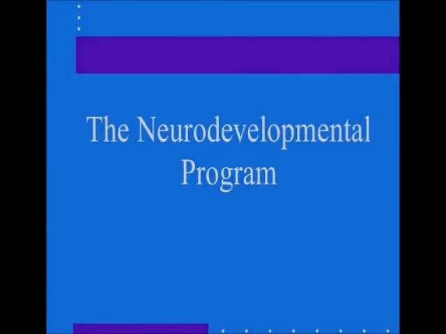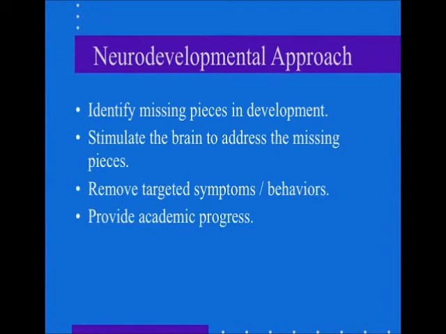Then, if you've asked any of these questions, you need to look into the neurodevelopmental program. Because what we do is identify missing pieces in development, stimulate the brain to address the missing pieces, remove targeted symptoms and behaviors, and provide academic progress.